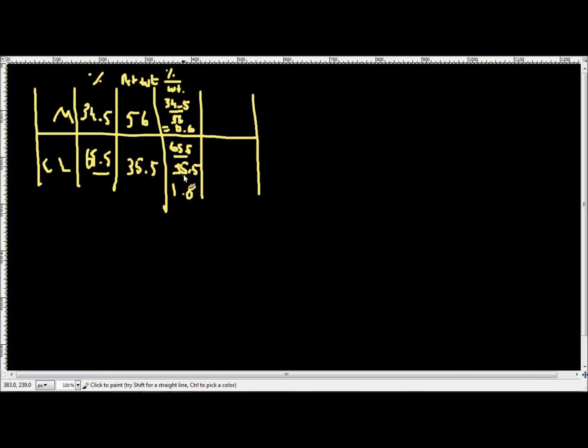Now the last column is called the simplest ratio column. Just write ratio here. So you can see that this is 0.6 over here and this is 1.8 here. Basically you need to try and find a factor between these two.